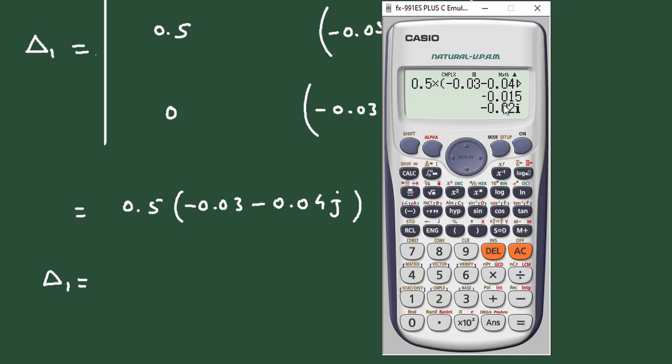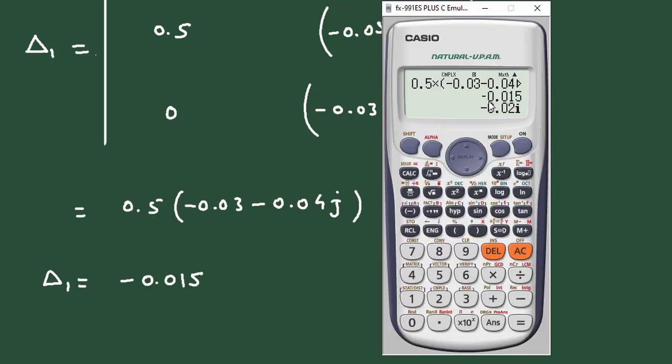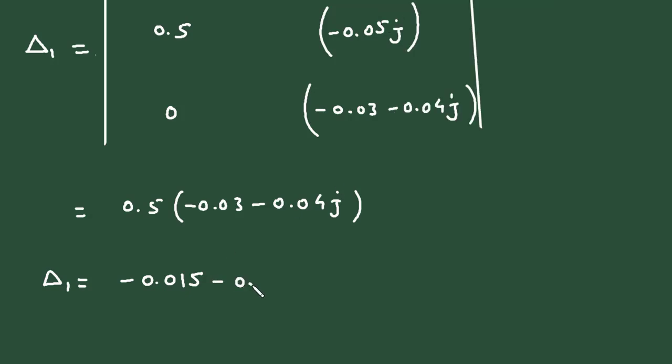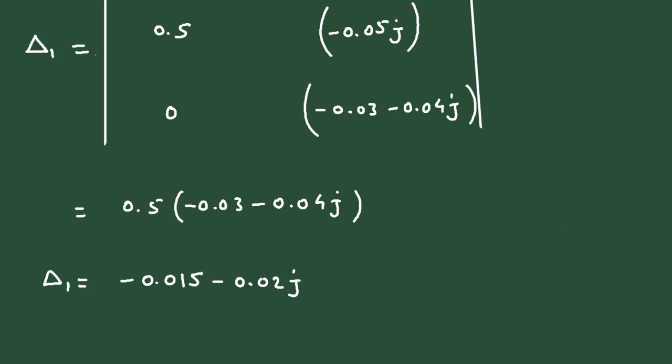So it is equal to minus 0.015 minus 0.02 j. This is the value of delta 1.